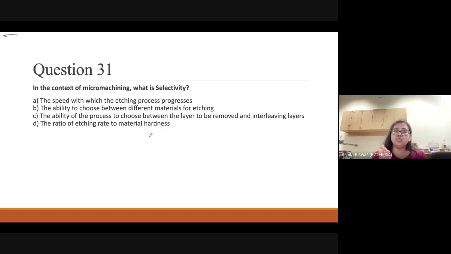So what is the selectivity here? The ability of the process to choose between the layer to be removed and interleaving layers. Okay, so the right option is option C.